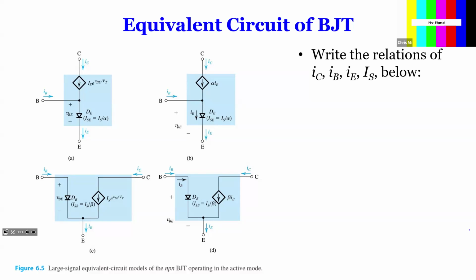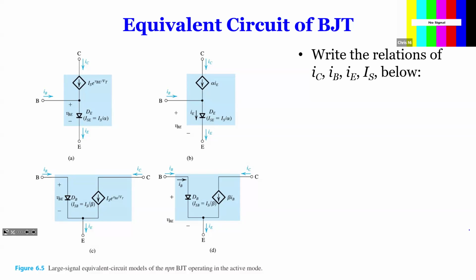Once you have this, it induces the current in the collector. So IC is related to VBE, which makes it a controlled, or dependent, current source, depending on VBE. And when you add IB and IC, you get IE. This is really a mathematical representation of what we have.